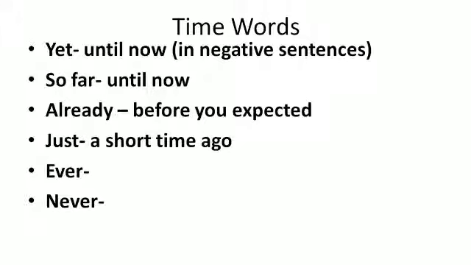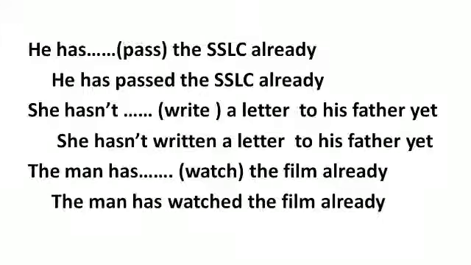Look at these examples. You have to change the verb into the correct form of the verb in these sentences. He has dash in bracket passed the SSLC already. Here a time relation is already, so we have to change the verb into V3 form. That is, he has passed the SSLC already.